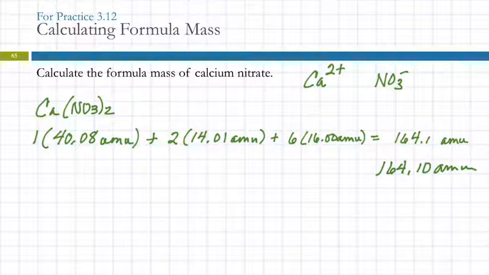So what I usually do is just use whatever my calculator shows me. I don't round it at all, because at most I'm getting 1 or 2 extra digits. It's just not a problem. And then usually it's something else, like the starting mass or something else in the problem, that is going to limit it to 3 sig figs or something. So we don't have to fuss about sig figs and formula masses. Just do not round atomic masses to fewer than 4 sig figs.